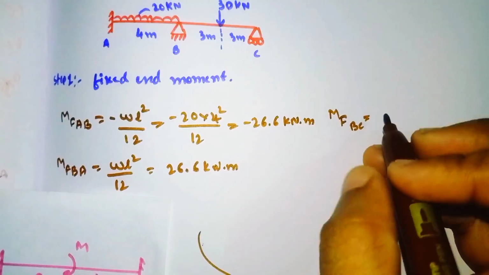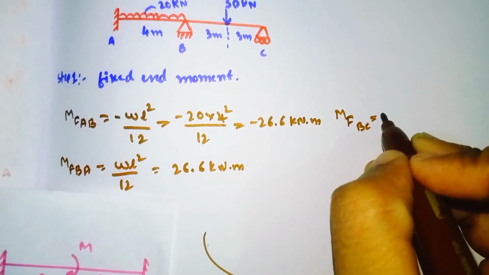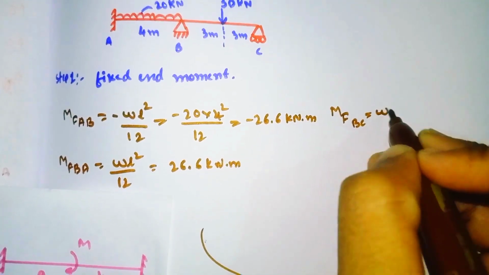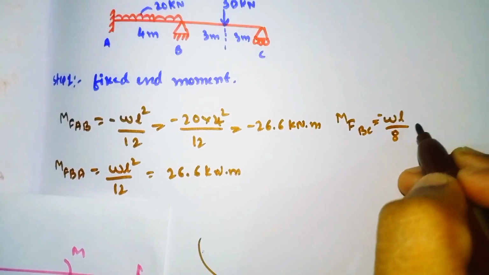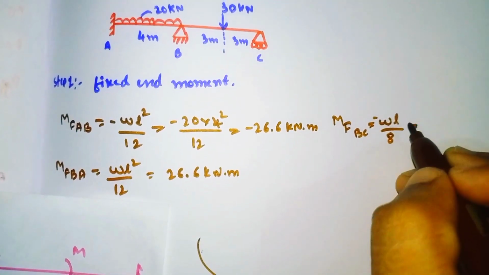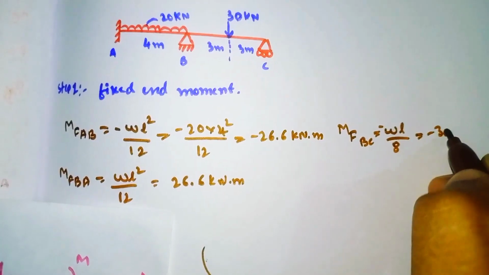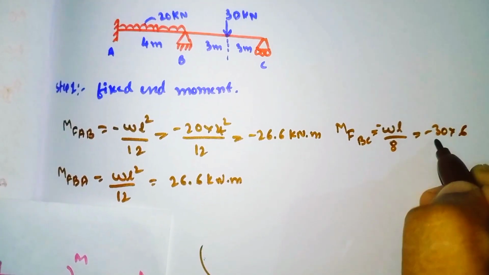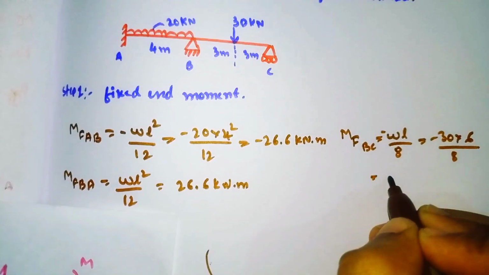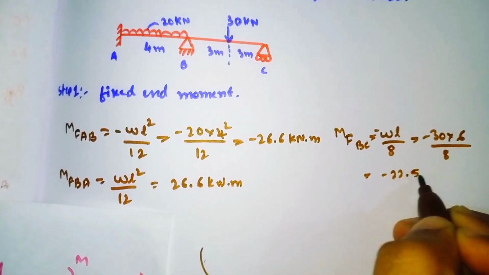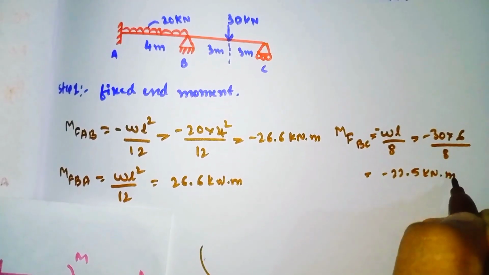So MFBC is equal to, we have the formula, minus WL divided by 8. So load is 30 into L is 6 divided by 8. By simplifying it will come out as minus 22.5 kilonewton meter.